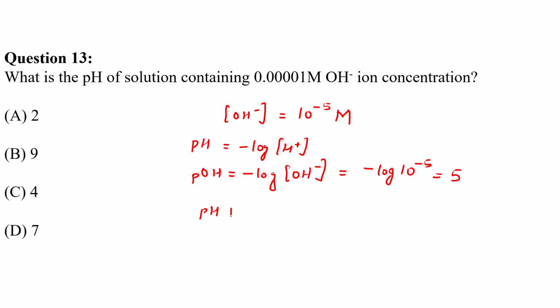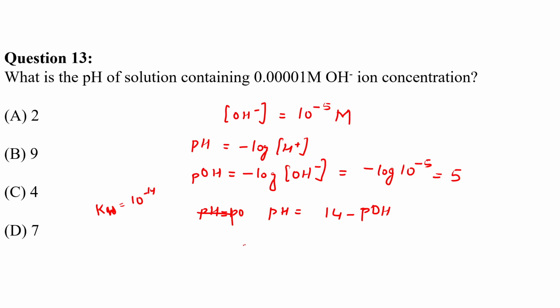Now pH is basically equal to 14 minus pOH, because if you remember I told you about a value called Kw that was equivalent to 10 raised to power minus 14.